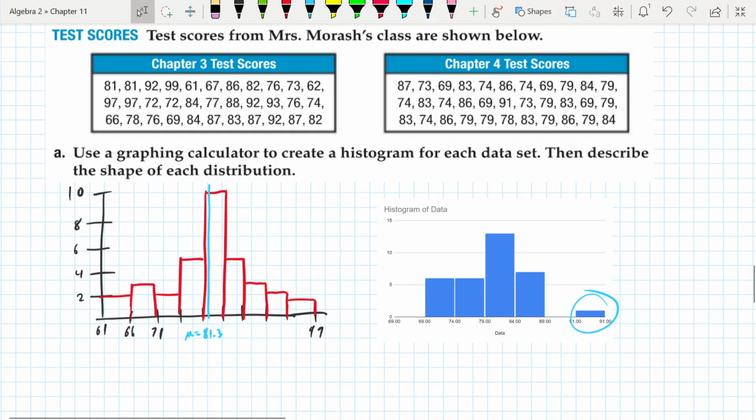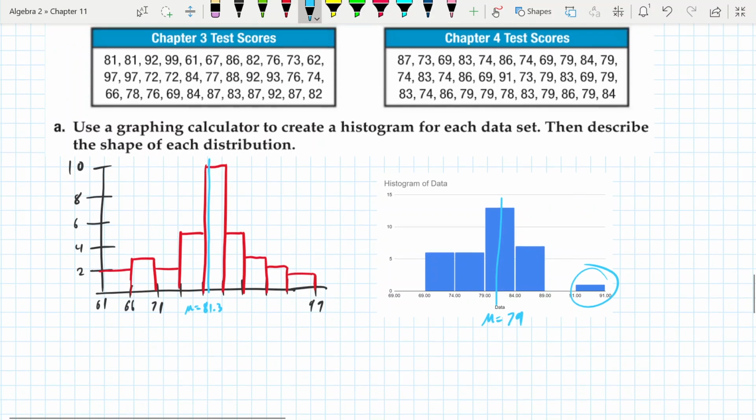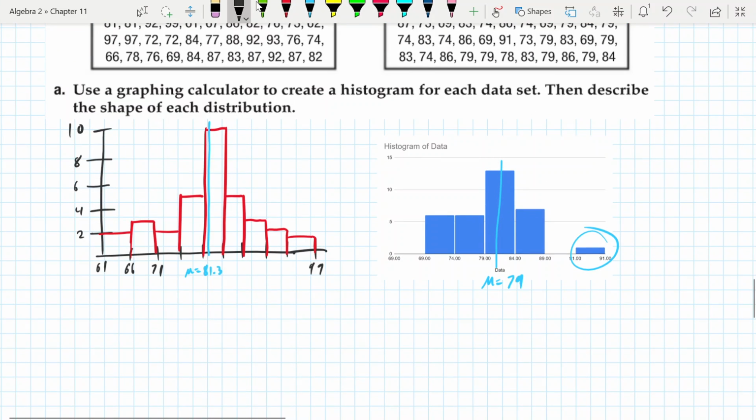But it's still looking kind of symmetrical, I guess, because the mean and the median are both 79 according to my calculations. So here it looks like we have symmetrical and symmetrical distributions.